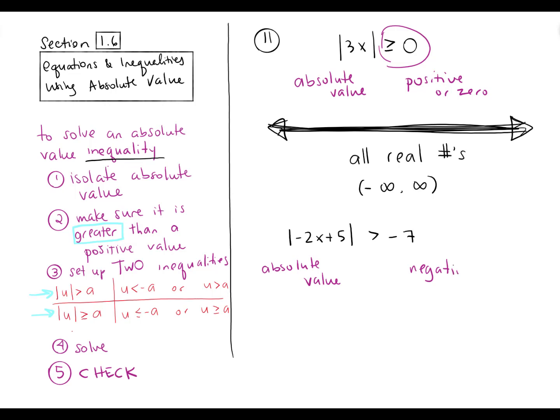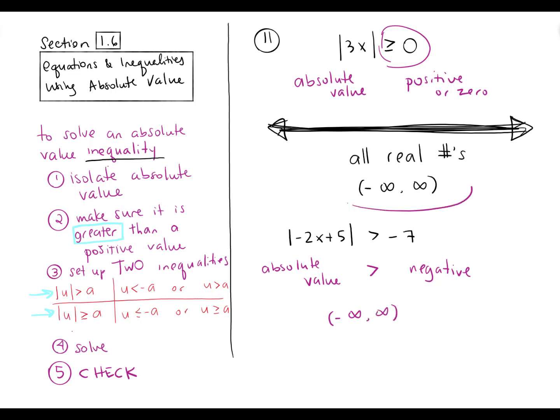It actually doesn't even matter what numbers we have plugged in here, but is my absolute value greater than a negative? Well, if my absolute value is always positive or 0, is that going to be greater than a negative? It sure is, right? And so this is going to be the same thing where any number I plug in is going to be greater than a negative. So you're also going to have all real numbers as your solution.